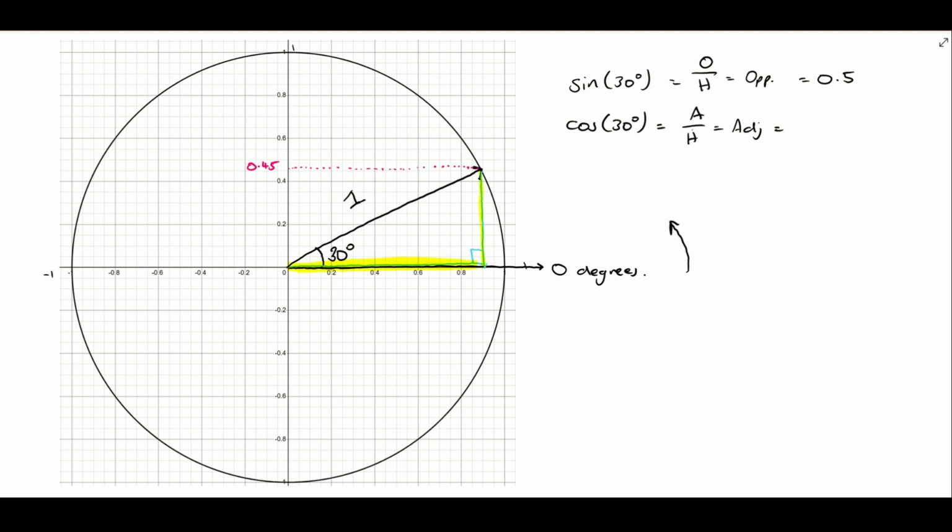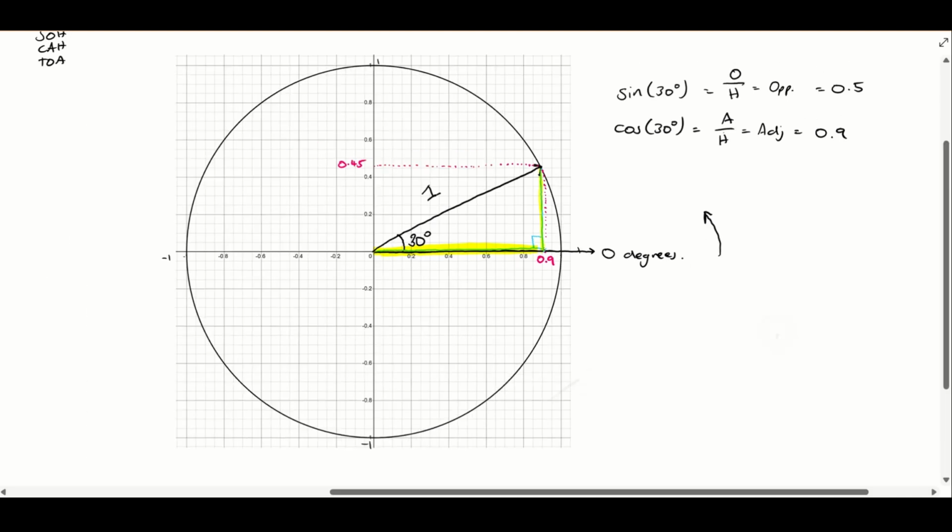If I want to measure how long that side is, I just come down to my x-axis. And I see it's probably at about, that's 0.8, that's 1, so maybe 0.9-ish. So probably at about 0.9. And I think the cosine of 30 is about 0.86, 0.87. Let's check. I've got a calculator here, and it's actually 0.87. So we're very close. It's a pretty good estimate.